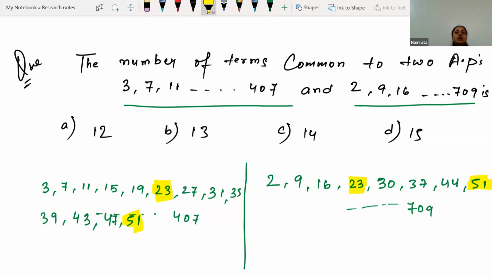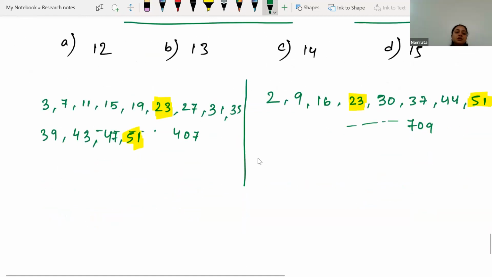So how will we find how many such numbers are common in these 2 APs? What is the common difference for the first AP? It's 4, right? And the common difference of the second AP is 7, right?